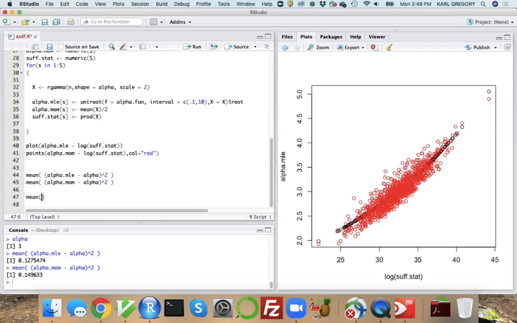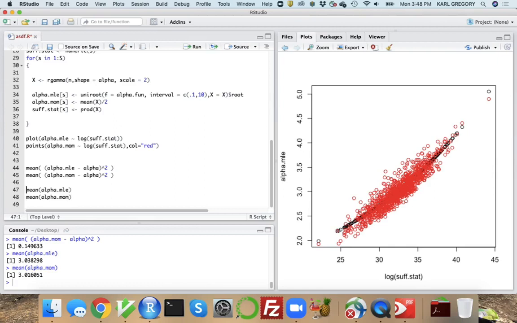Is it unbiased? I think the method of moments estimator is unbiased. Actually, if I look at the expected value according to my simulation of the method of moments estimator, it's closer to the target than the maximum likelihood estimator.